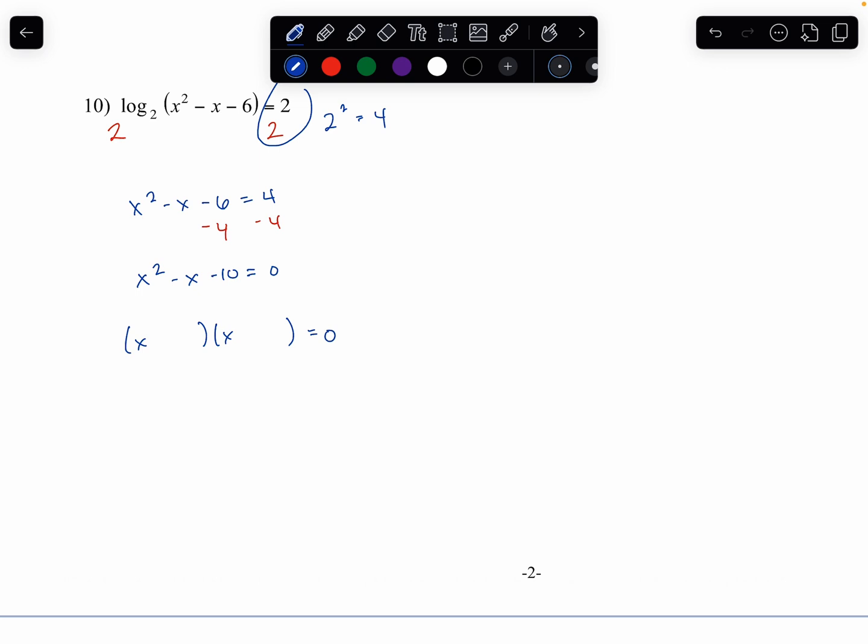I don't think so. I think we need the quadratic formula for that, if I'm being honest with you. Yeah, we need the quadratic formula, so not factorable.